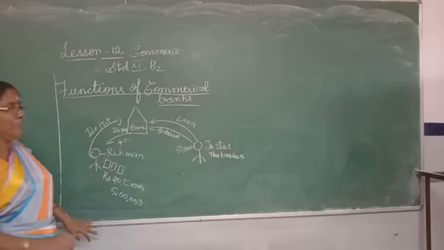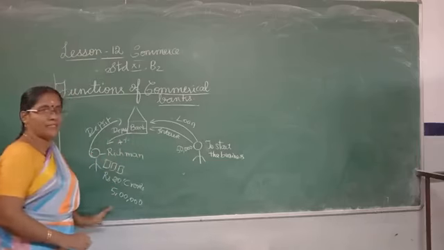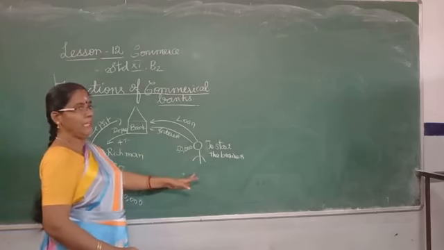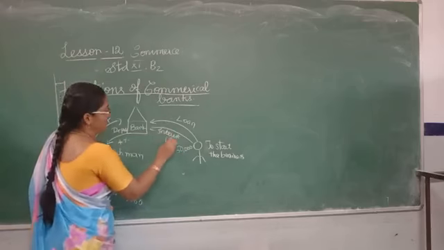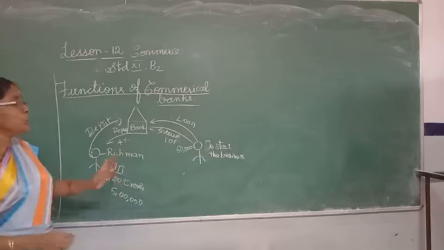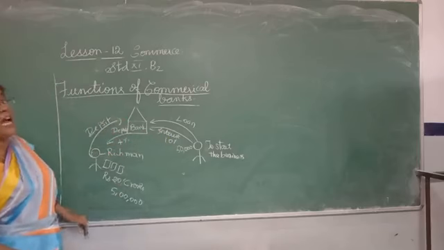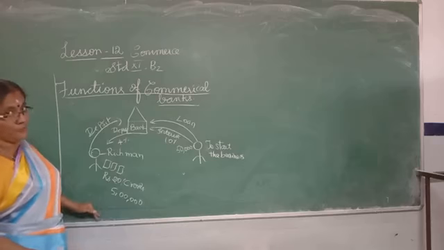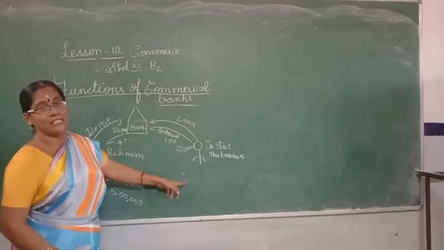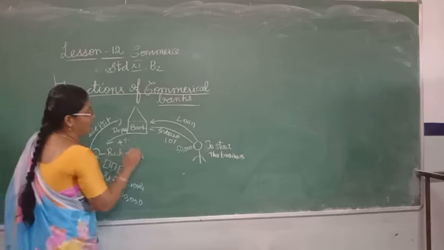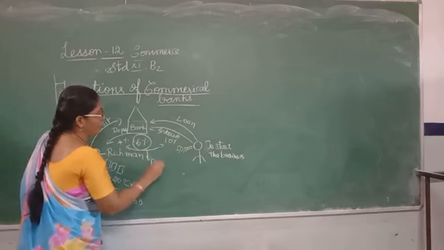The bank accepts the deposit and gives interest at 4%. The bank gives a loan and collects interest at 10%. So what is the difference between these? 6%. This is the profit for the bank.